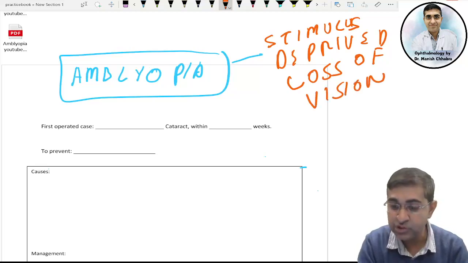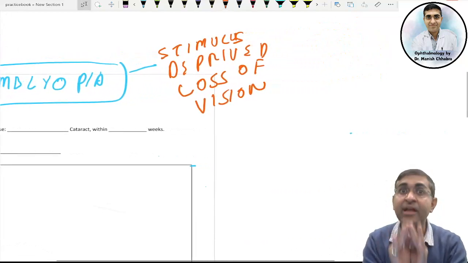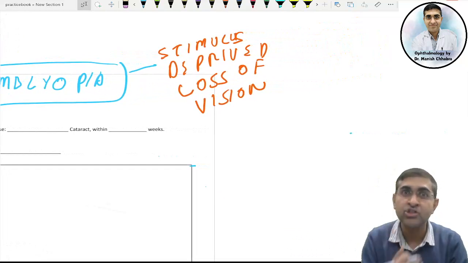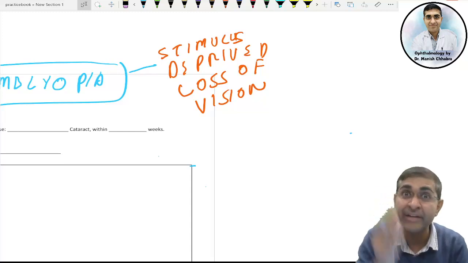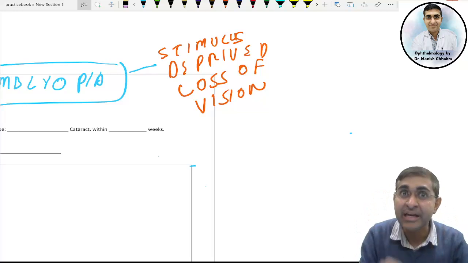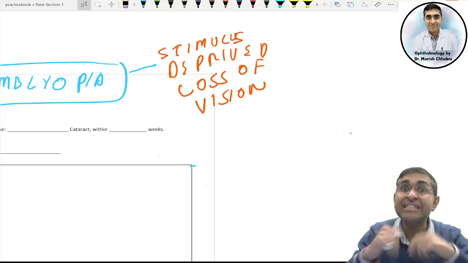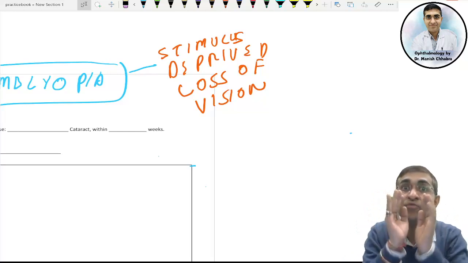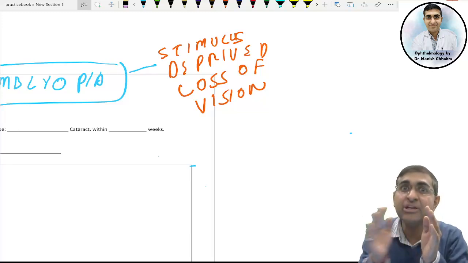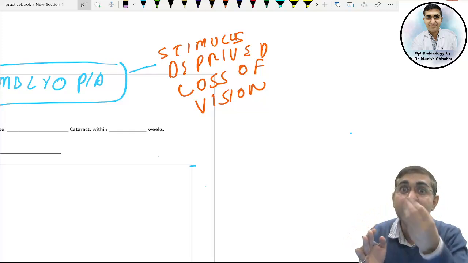Now amaurosis is when there is any systemic infection, maybe with streptococcus, or there is acute nephritis. The toxins start circulating in the body and they have their effect on the visual pathways and cause temporary loss of vision which may be complete.